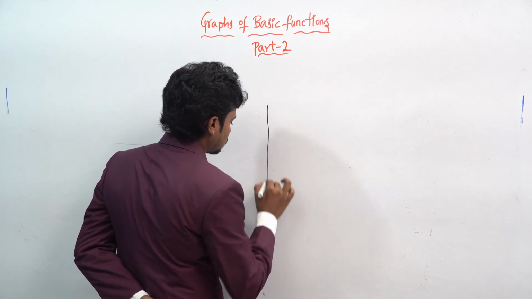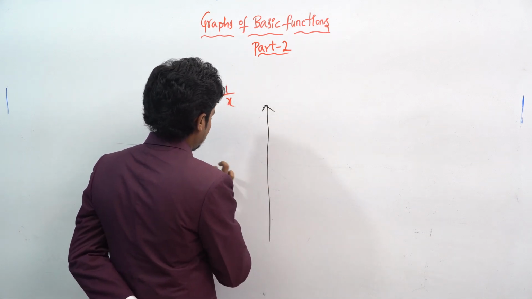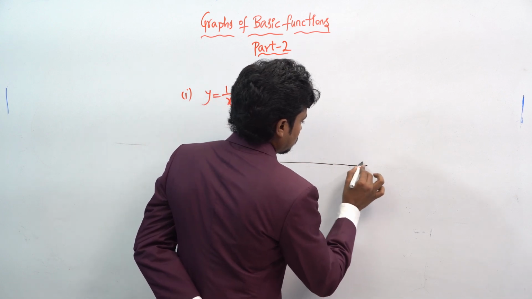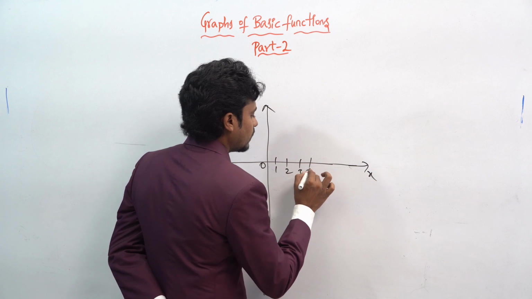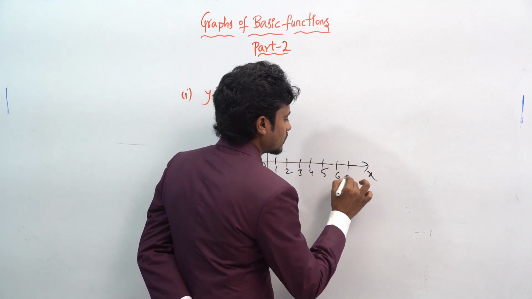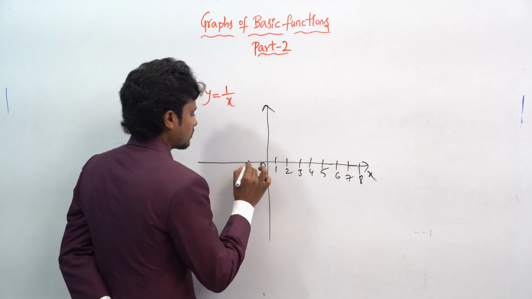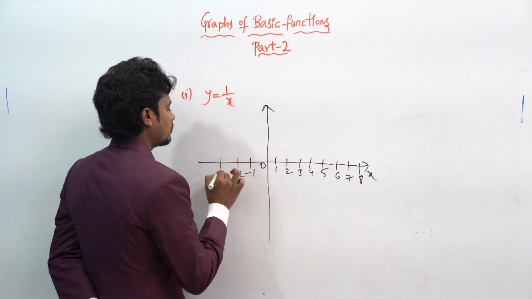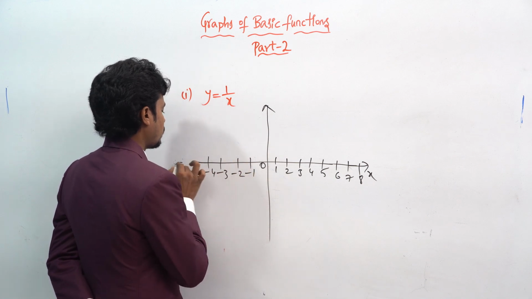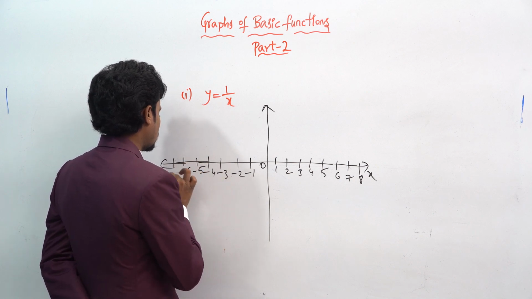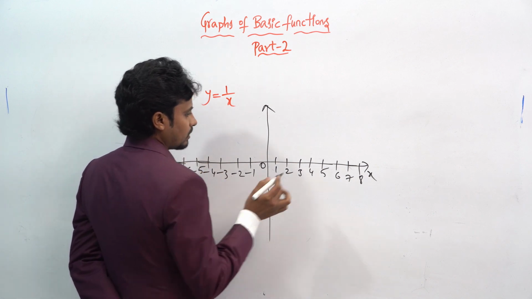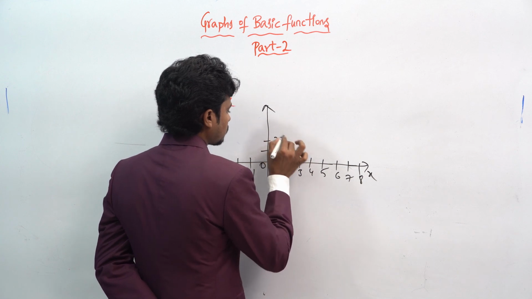First step, the x values will be 0, 1, 2, 3, 4, 5, 6 like this, and minus 1, minus 2, minus 3, minus 4, minus 5, minus 6, minus 7.